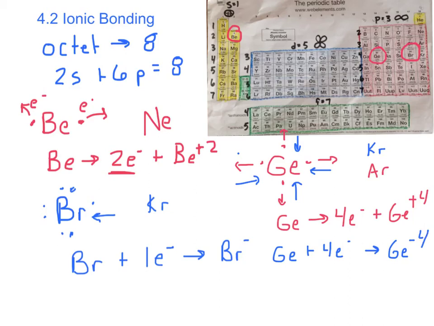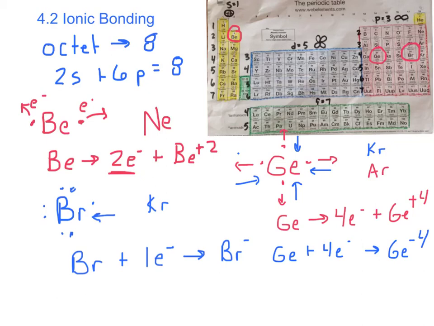Now, from column 1 to 3, it can only lose, because it hasn't opened up all the 4 orbits so that it can't get up to 8. After 4, it can gain or lose. It's probably easier for it to gain after the 4th column, because at the 5th column I'm closer to 8 than I am to 3, but it can do either, so you can have either charge, so you've got to be careful there.